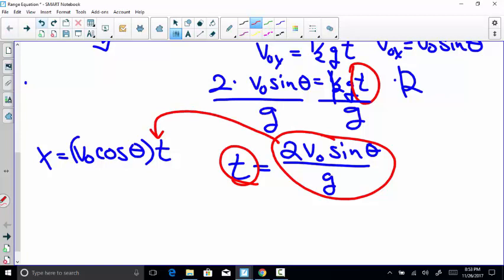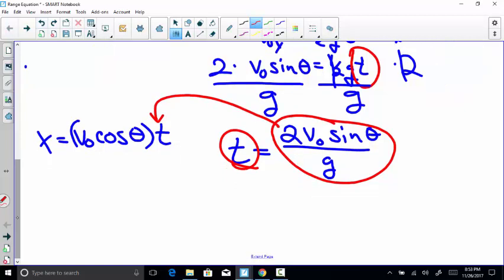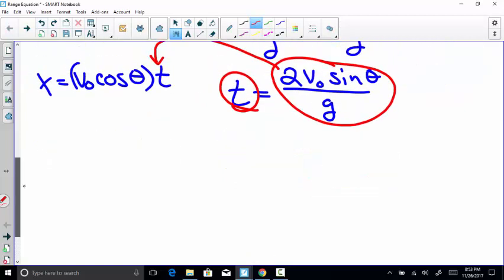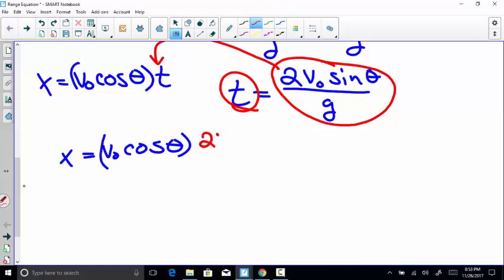So now I will have x equals v initial cosine theta, times 2 v initial sine theta all over g. I just put that term in for time. That's all we did.